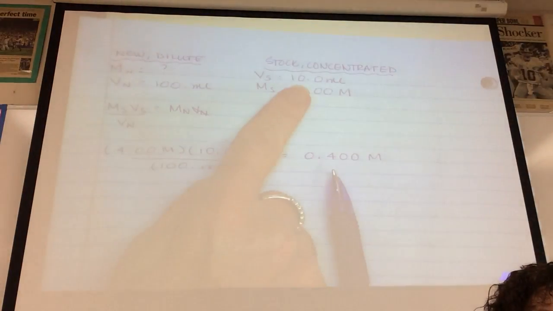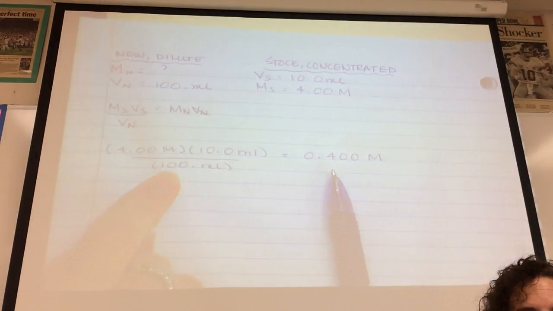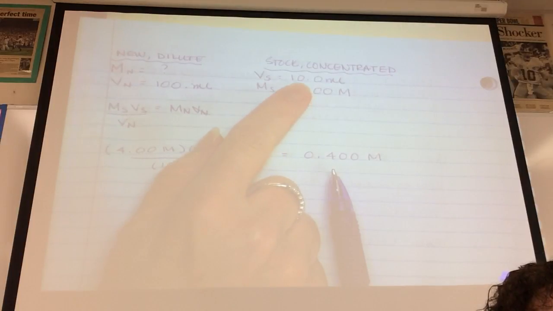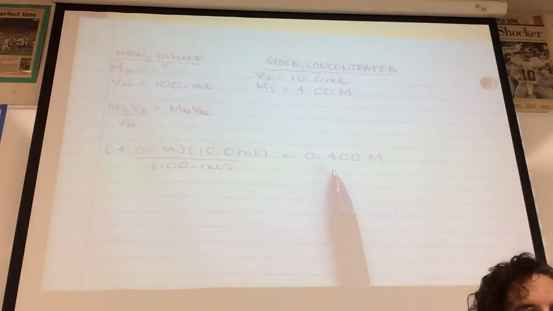Now if I use 10 mLs of stock and I got to a final volume of 100 mLs, how much water did I add? I'll say it again. If I started with 10 mLs of stock and I got to a final volume of 100, I must have added, as you said, 90 mLs of water. Yes.